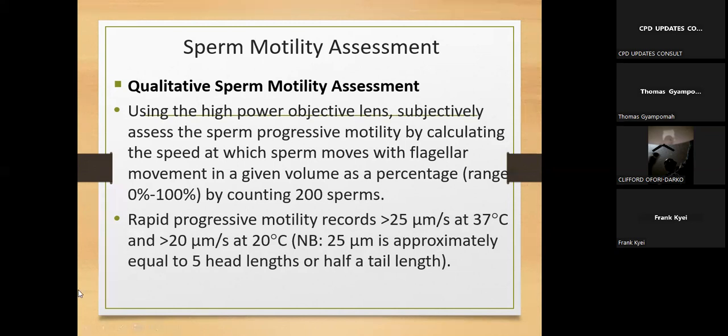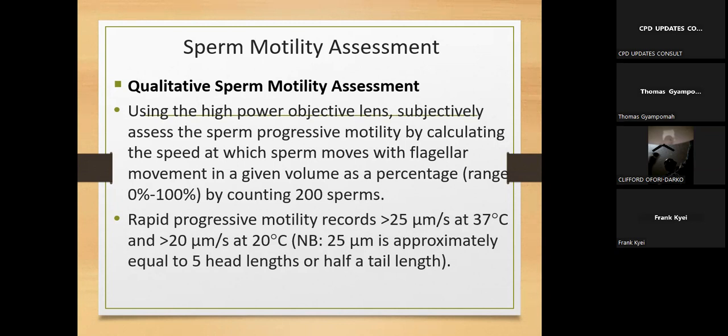And then, of course, it's also half the tail length. You know that the tail is somewhere in the range of around 50 micrometers. You have to know all this because when it comes to the morphology assessment, you're going to look at what we call the strict criteria.